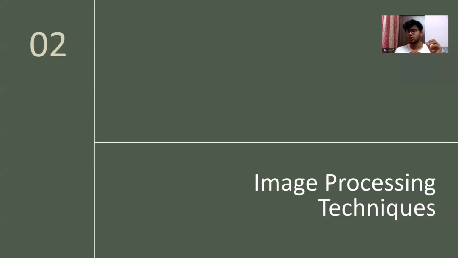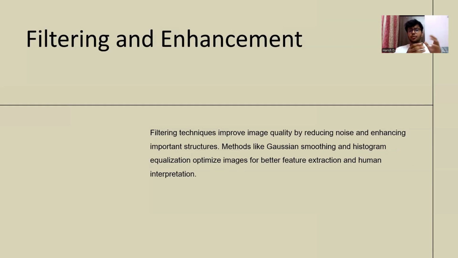Image processing techniques. Let's talk about filtering and enhancement. Filtering plays a major role in image processing. It improves the quality of the image by reducing the noise or enhancing the important structures, which includes removing the extra space, basically converting the image into a grayscale image, and it is done using methods like Gaussian smoothing and histogram equalization to optimize the image.